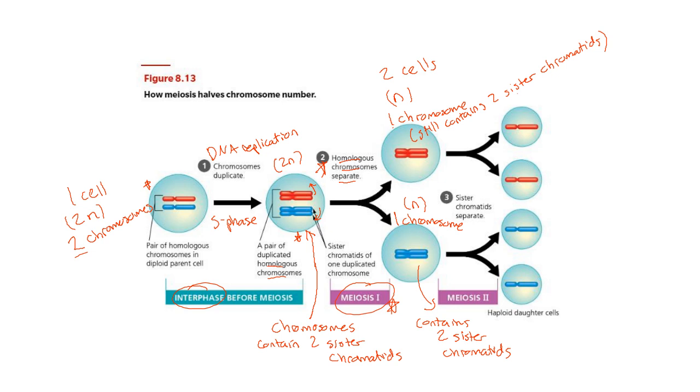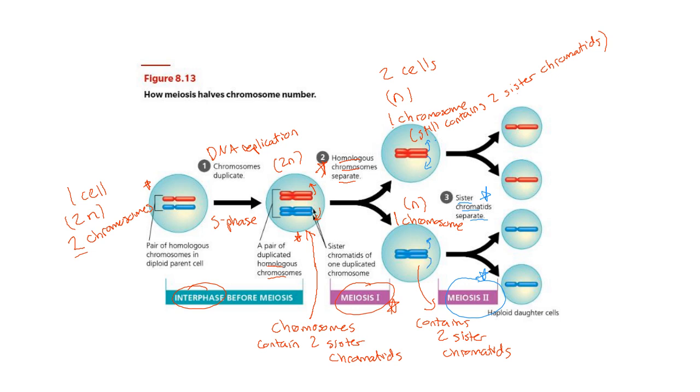Then we have meiosis 2. What's the big thing about meiosis 2? The sister chromatids separate. So I'm going to go to this cell, and this sister chromatid is going to go this direction. This other one's going to go this direction. This one is going to go this direction. This one is going to go this other direction.